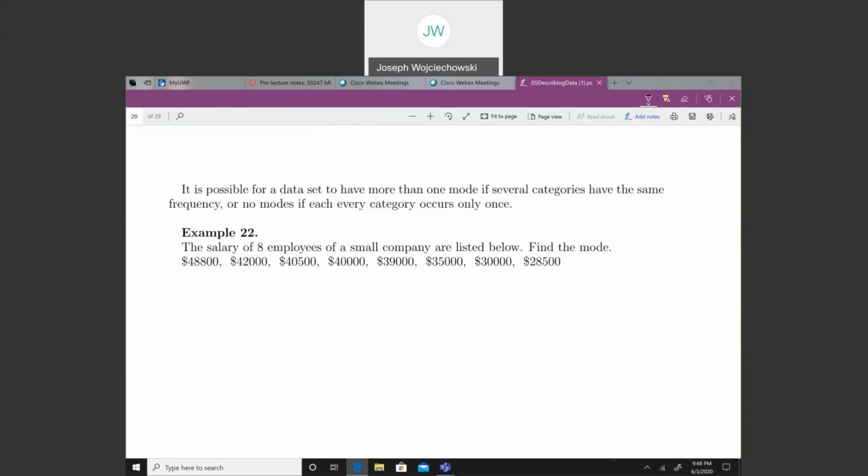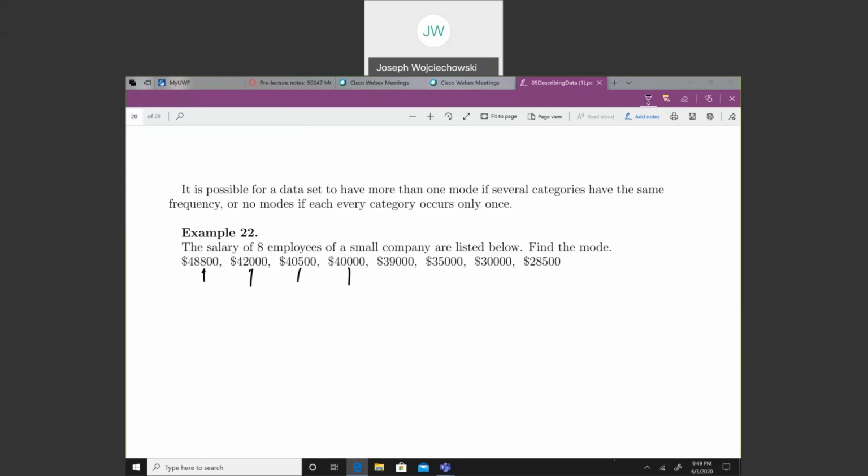Let's look at each employee's salary. Find the mode. So I have 48,800. Do I have another one of those? No. So there's only one of those. I have 42,000 here. Do I have another one of those? No. I have 40,500. Is there another one of those? 40,000.